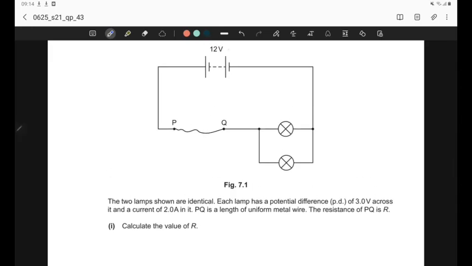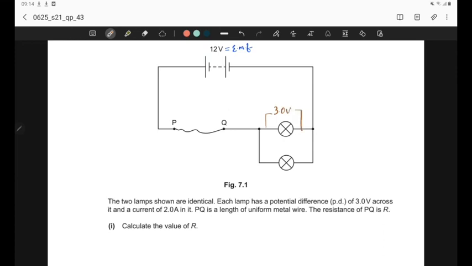So in this question, the EMF, or the total voltage of the circuit, is given, which is 12 volt, and these 2 lamps are identical. That means they will have the same electrical properties, and the potential difference dropped across each lamp is given, that is 3 volt.